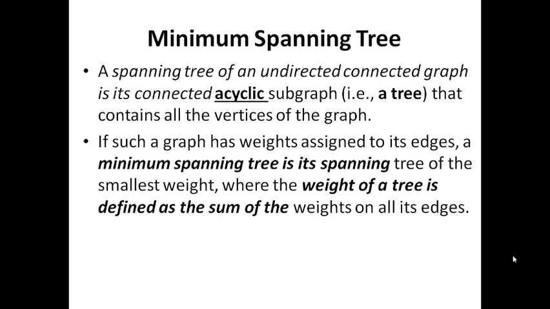If such a graph has weights assigned to its edges, a minimum spanning tree is its spanning tree of the smallest weight, where the weight of a tree is defined as the sum of weights of all its edges. We have already seen that a graph may be weighted or not weighted.